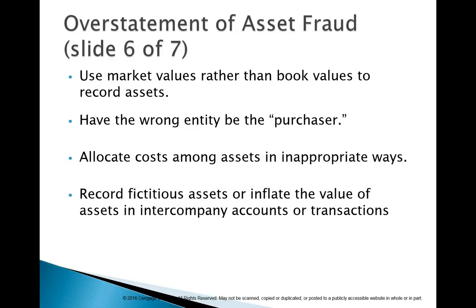One way is to use market value rather than book value when you acquire. Well, you may think, okay, I'm going to record an asset and I'm going to record it at its market value. I'm going to write it up. So I've got something on my books, maybe a piece of land, and I'm supposed to leave it at historical cost, but I want to record its current market value.